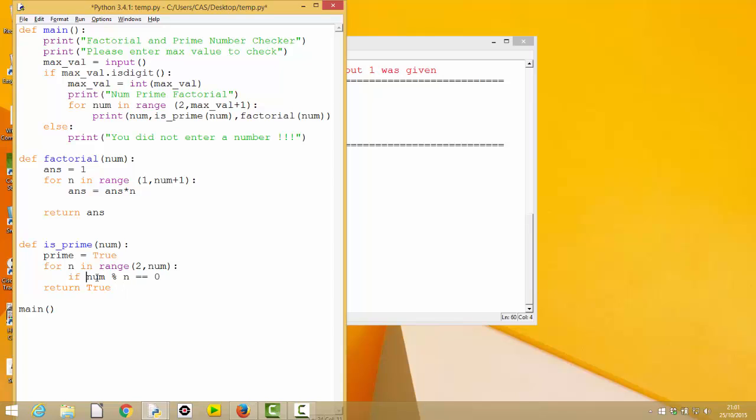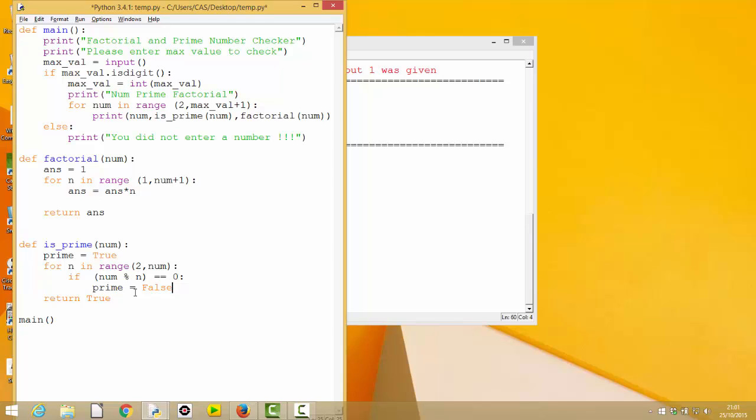So I'm doing my test if num%n is equal to 0. Again, you don't need to do this, but for me sometimes it makes it a bit clearer so we know what's going on. I'll put that in parentheses. So if that is true, what do I need to do? Well, the variable prime now I can set to a false value. I know that that's the case.